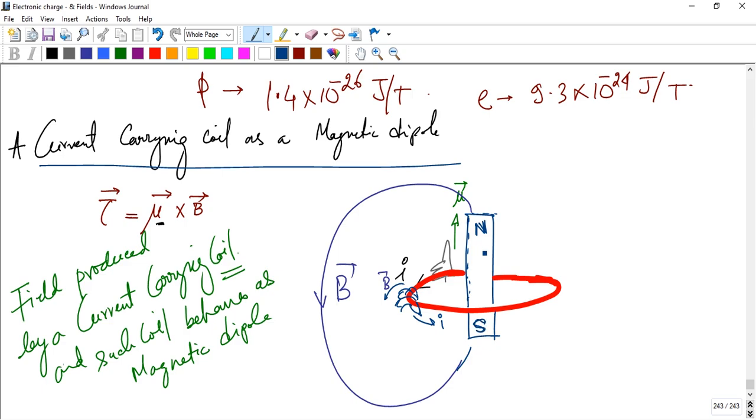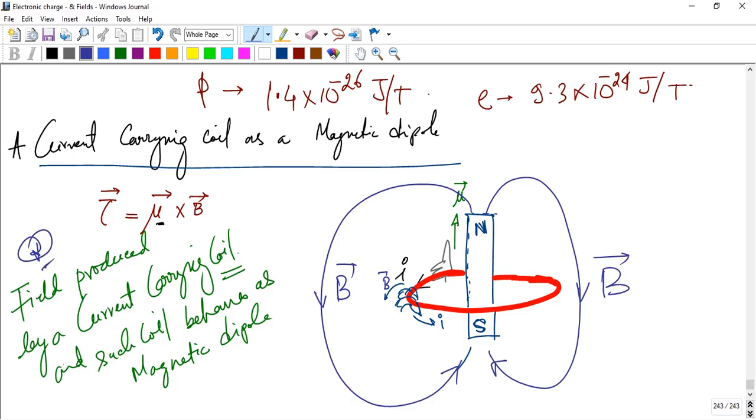So this is what we have as a bar magnet here. Similarly, the B direction also satisfies this. Clear? Okay.